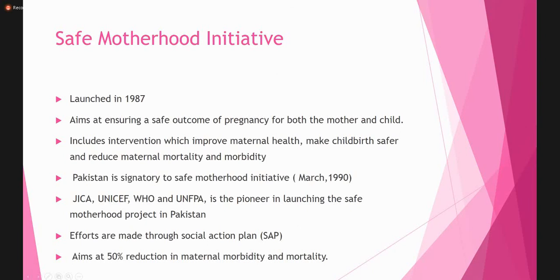Safe Motherhood Initiative, which was taken to reduce this maternal mortality ratio, and it was started in 1987, and in Pakistan this initiative was started in 1990 with the help of WHO, UNICEF, and United Nations Population Fund and JICA.